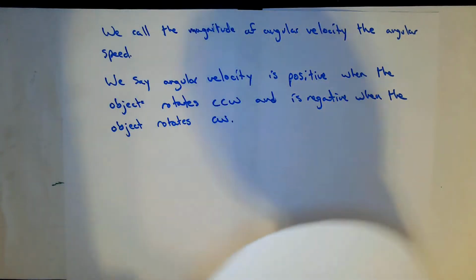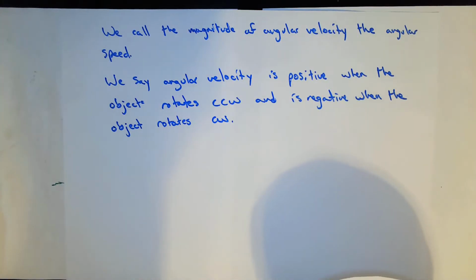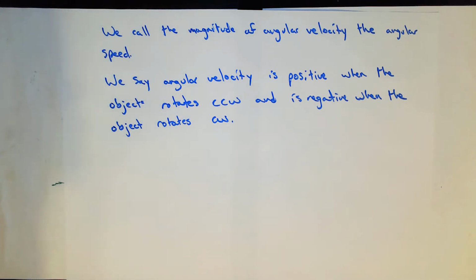They have different direction but same magnitude. If the magnitude's the same, then the speed is the same. All these things should sound familiar. The concepts are sort of the same. It's just the terminology is changing. We're sticking the word angular onto the front of every definition here.